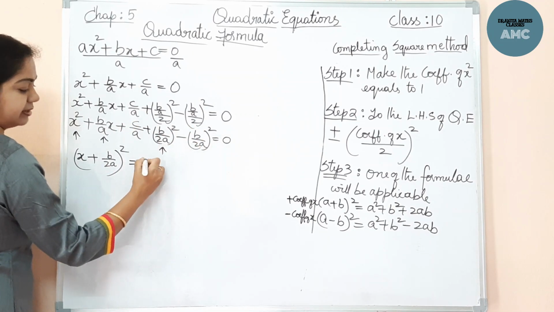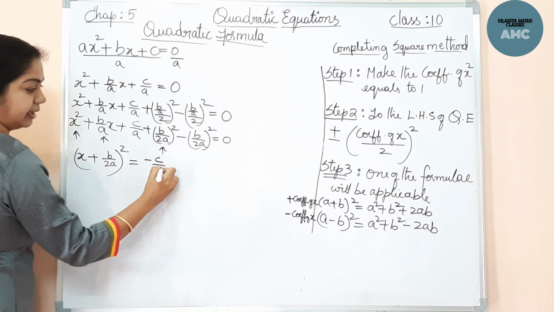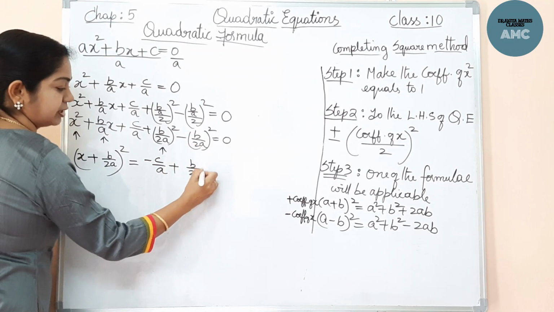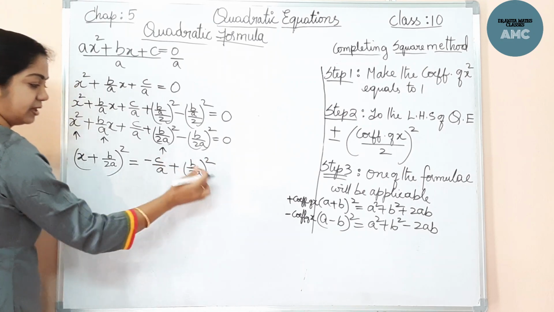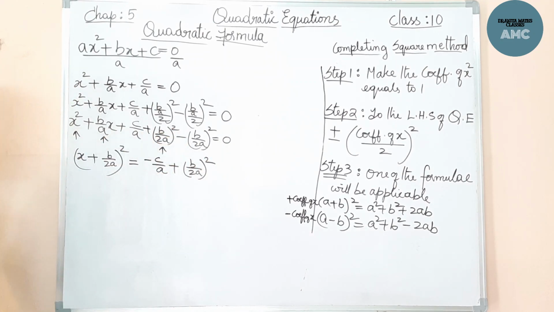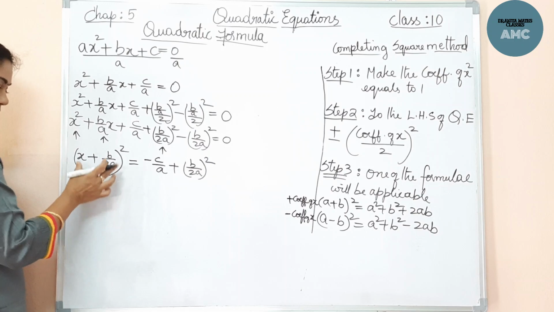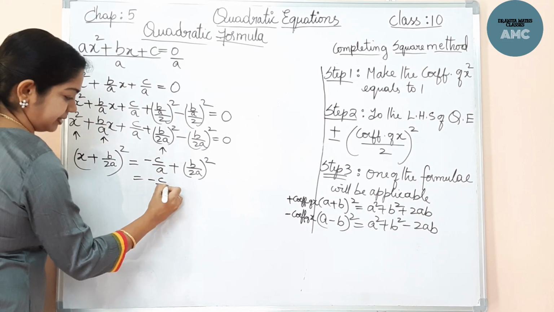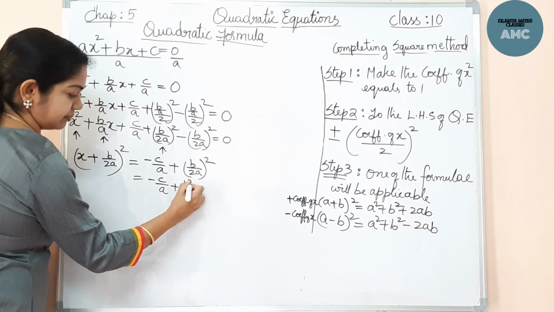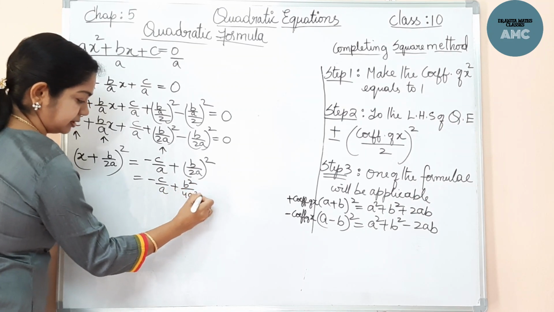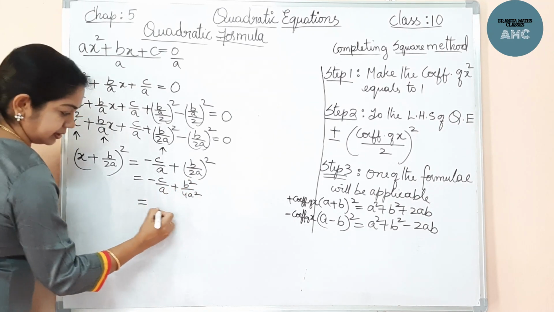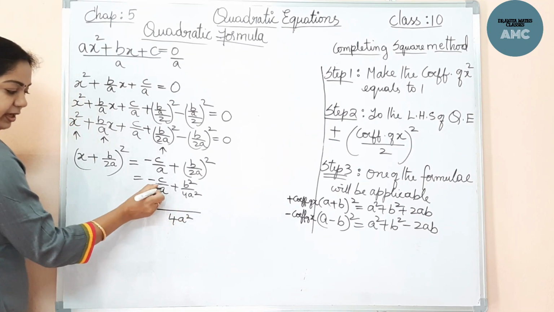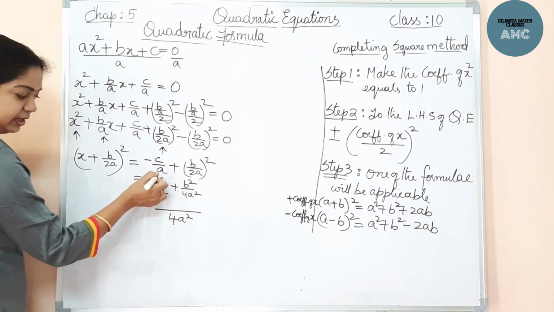Shift it to the other side: minus c by a plus b by 2a whole square, to the other side. So I have changed the sign. Now we'll take the LCM here: minus c by a plus b square by 4a square. If you take the LCM, 4a square, a1, so 4a is left over, 4a into c.